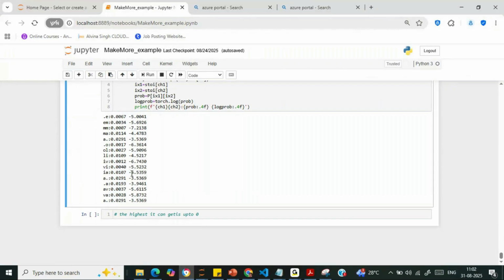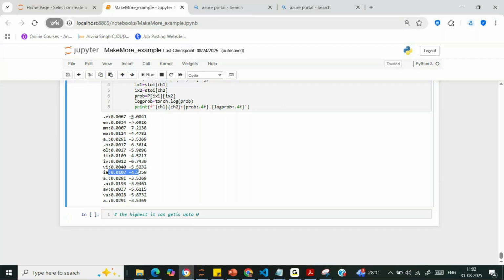If it is coming as 0, then I can say the model is performing well for this combination, with 100% matching. You need to pay attention to the model performance here: the log of 1 is 0, which means the probability is 100% at this moment.